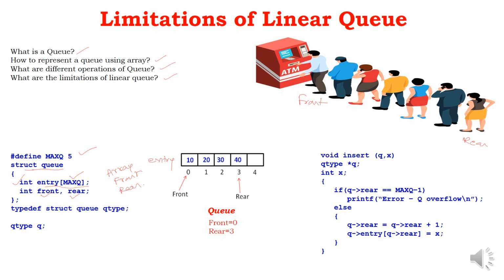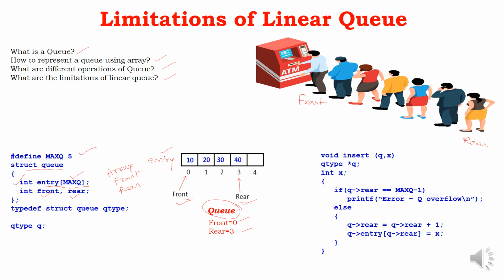See here, assume that there are 5 locations and 4 elements have already been filled. First element is at location 0 and last element is at location 3. So front is 0, rear is 3. The collection of array, front and rear is said to be a queue.